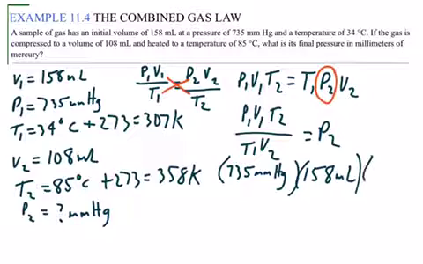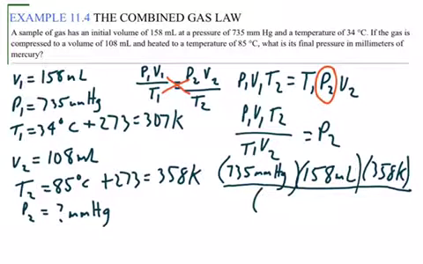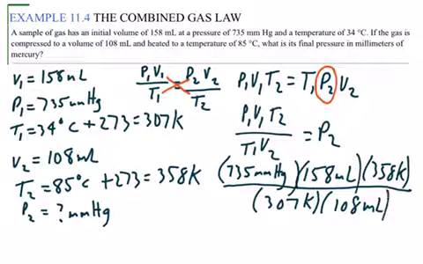And then T2 is 358 Kelvin. And then we're going to divide that by T1, which is 307 Kelvin, and V2, which is 108 milliliters. Now, all of this is going to be equal to P2.